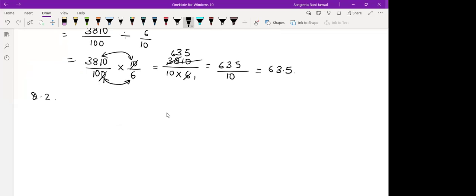Okay, I'll give you another sum. Let's do this: divide 8.16 by 0.24. Please do this.